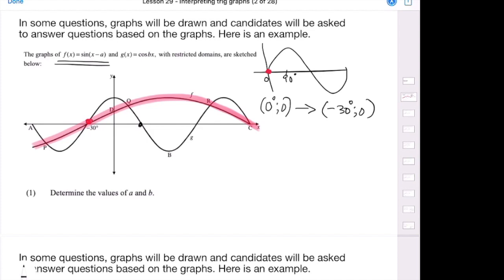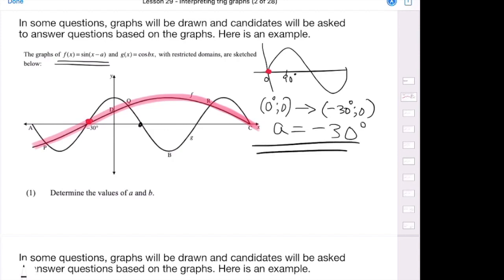Now this is clearly a shift to the left, and it is a shift of 30 degrees to the left, which tells us that in our question here, the value of a should be equal to negative 30 degrees.